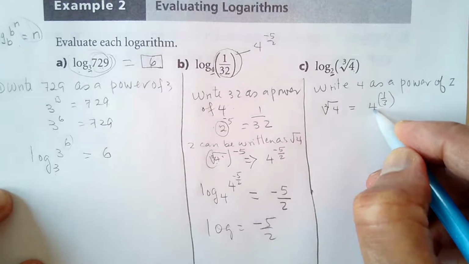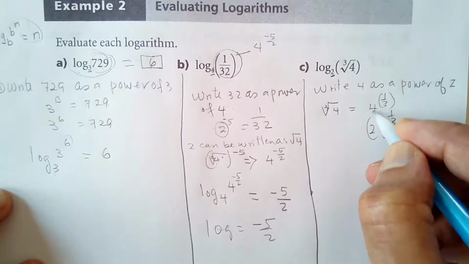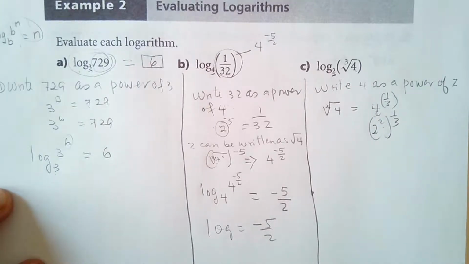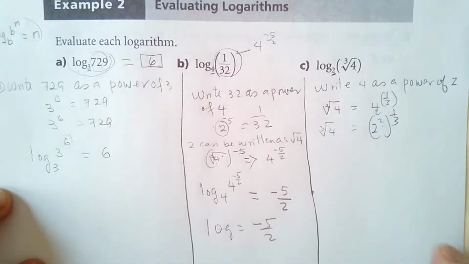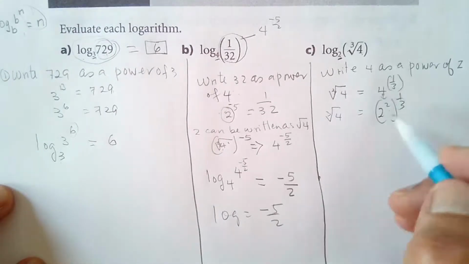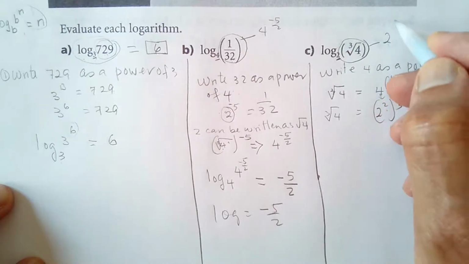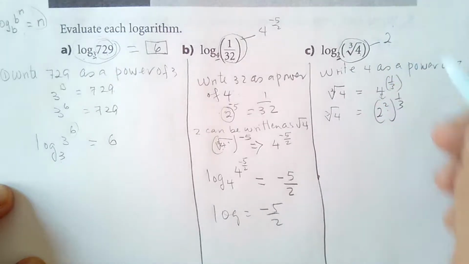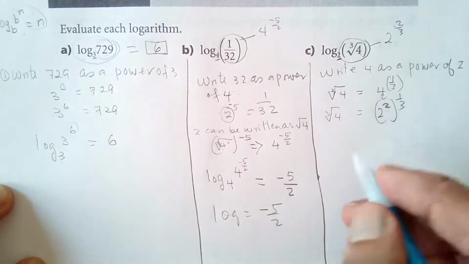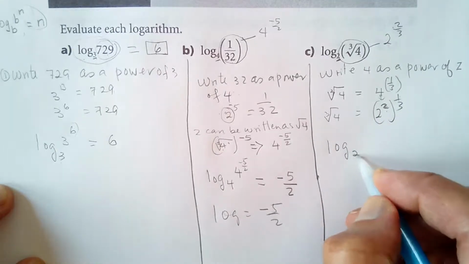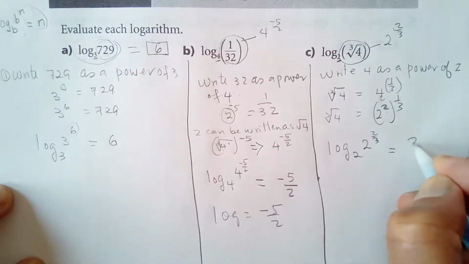Now I need to change 4 into 2 squared, so this can be written as 2 to the power 2, all to the 1/3. So now all of this can be changed to 2 to the 2/3, since 2 times 1/3 is 2/3. So we write it as log base 2 of 2 to the 2/3. The answer is 2/3.